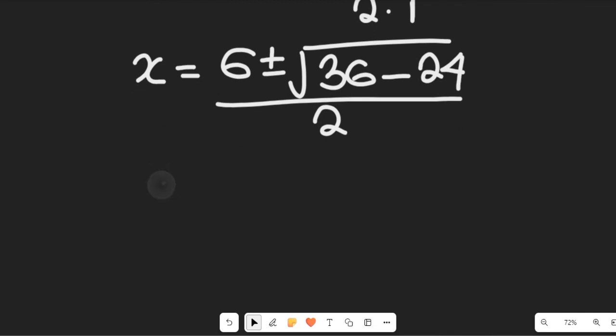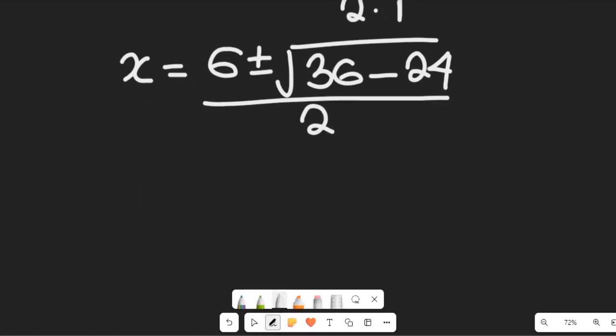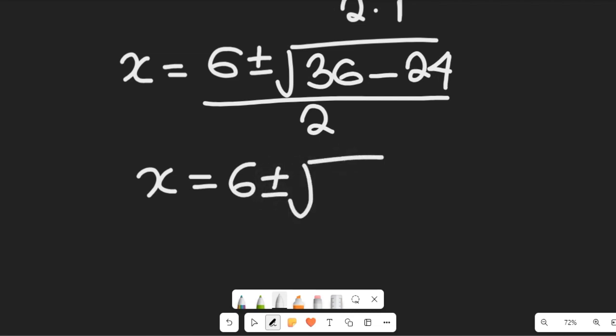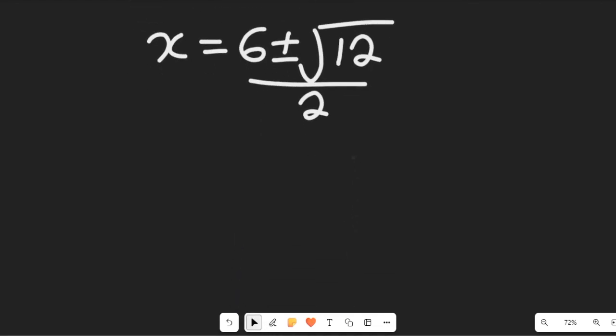So our x will be equal to 6 plus or minus the square root of 36 minus 24, which gives us 12, divided by 2. So what do we have here?